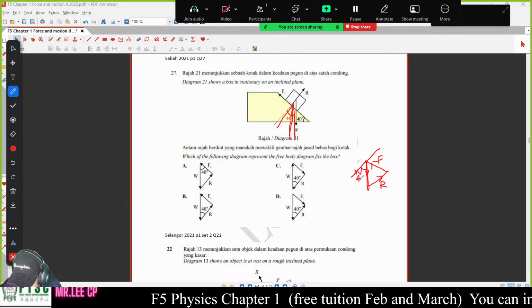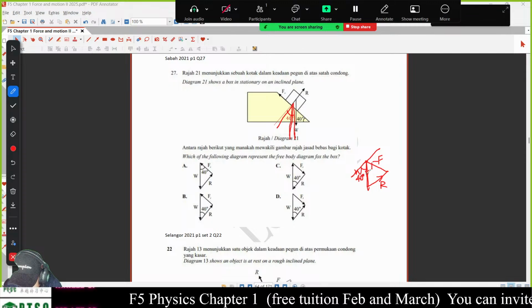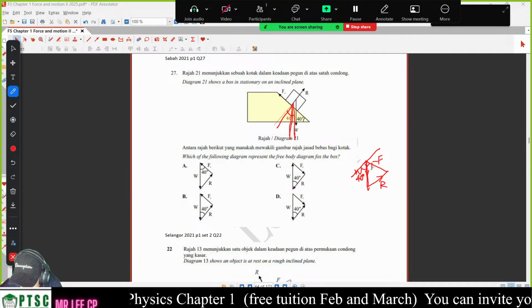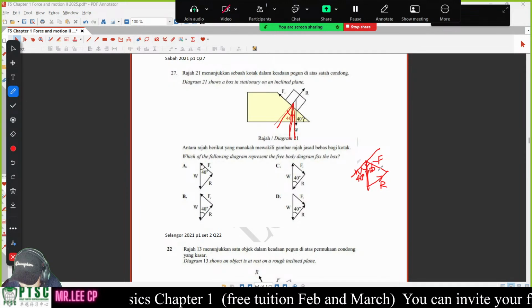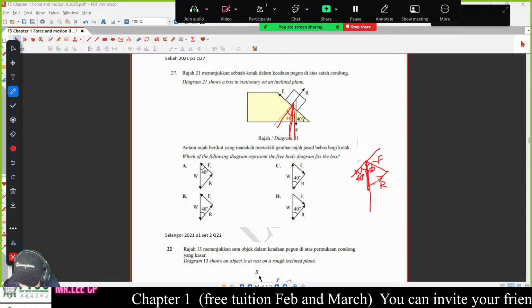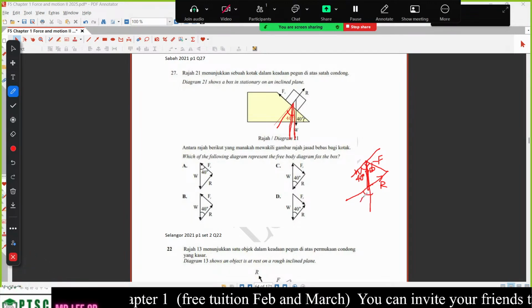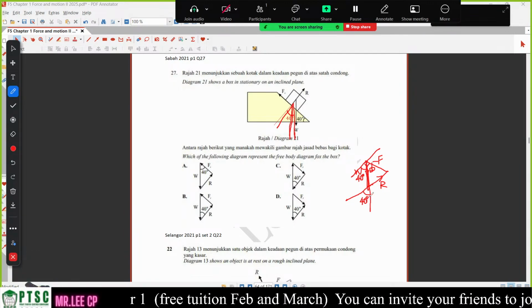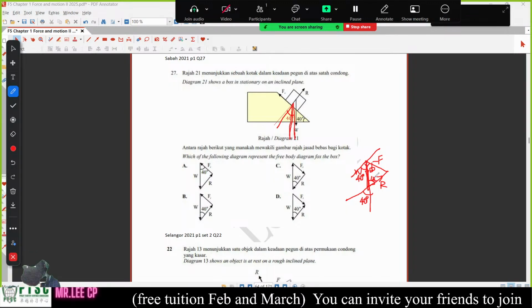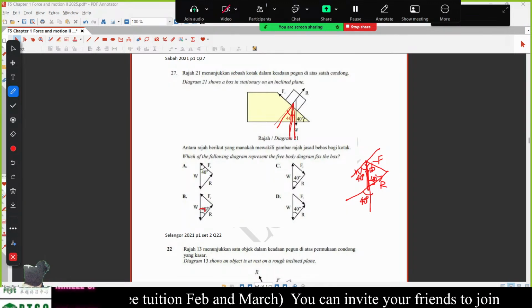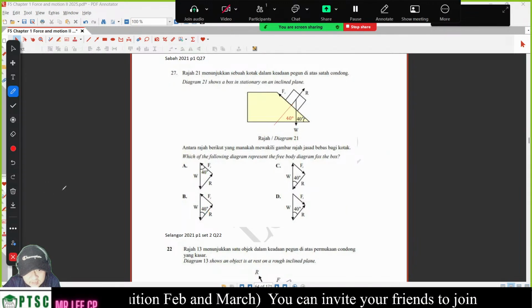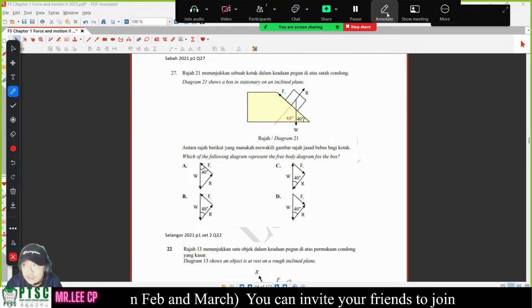If this one is 40 and this one is 90, this one is supposed to be 50. So here is W, here is R, so this one is 40. This one is 40 degrees, so this one is 40 degrees too. So this one is the answer. Answer is B.